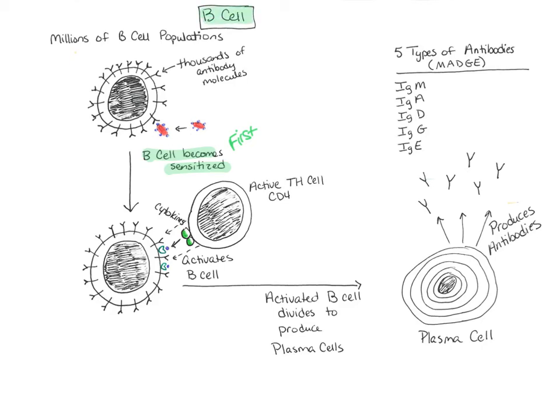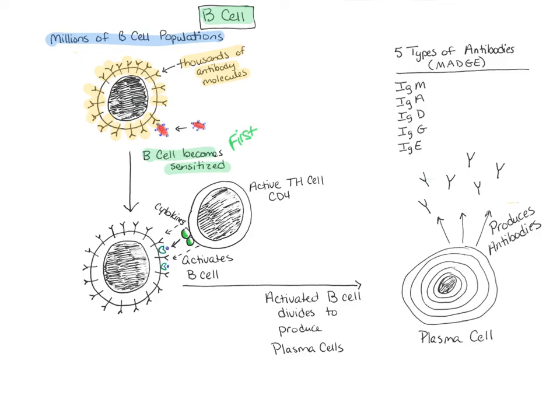The B cell looks very similar under a microscope to the T cell because they're both lymphocytes. And there are millions of B cell populations in your body. And each of the B cells have these little antibodies, these little Y-shaped proteins sticking out of their cell membrane. Each B cell has thousands of those antibody molecules.